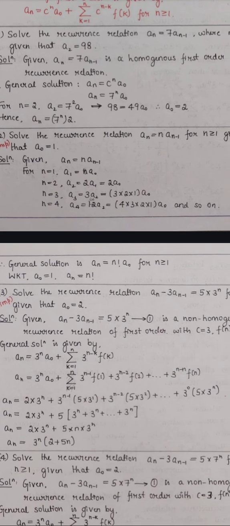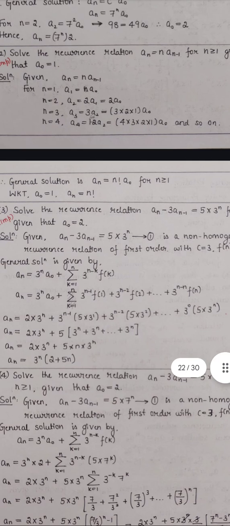So we have a_1 as 1 into a_0. In the form of a_0, we'll try considering everything. For 2 it is 2 a_0. For n equals 3 it is 3 a_2 and a_2 is 2 a_0, that is nothing but 3 into 2 into 1 into a_0. Then for 4 again it is 4 into 3 into 2 into 1 into a_0, and so on.